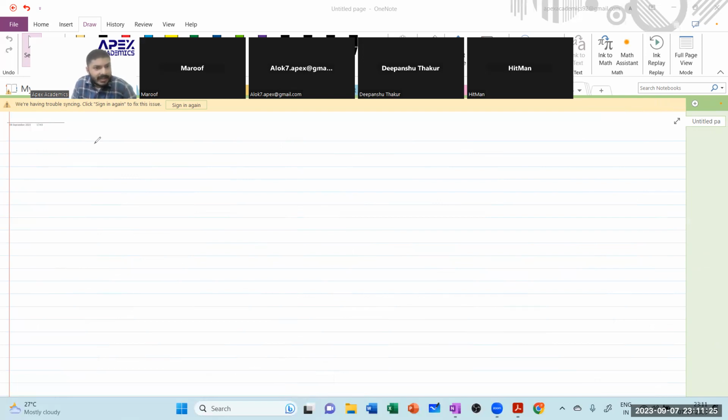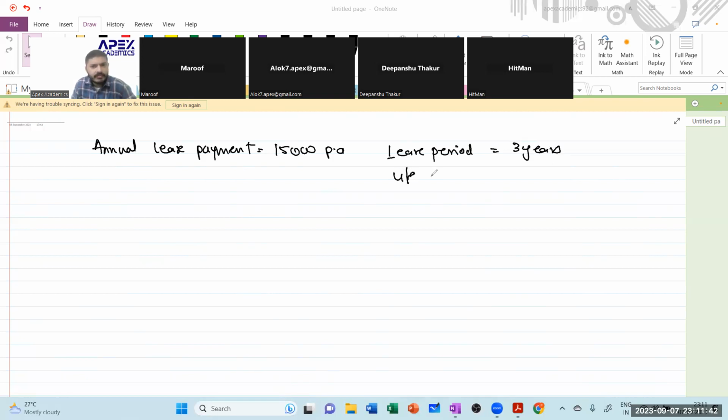So suppose I say that the annual lease payment is equal to 15,000 per annum. Lease period is equal to 3 years. Life of asset is equal to 5 years.